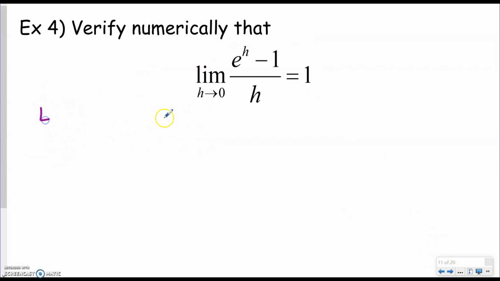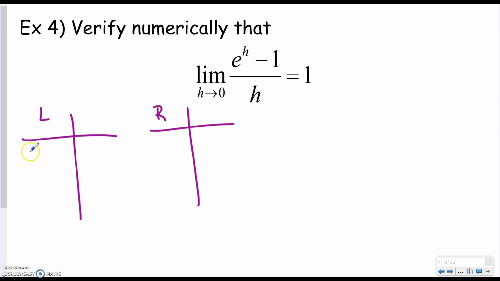Again, left and right, and I get closer and closer to 0. So I'm going to do negative 0.5, negative 0.1, and negative 0.01. Sometimes you might want to do 0.1, 0.01, 0.0001. Up to you. 0.5, 0.1, 0.01.